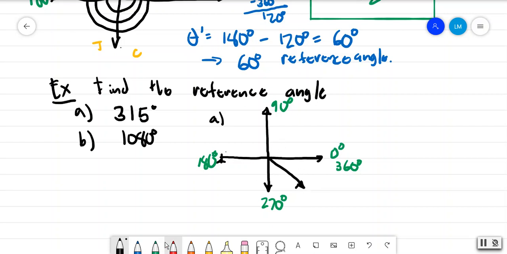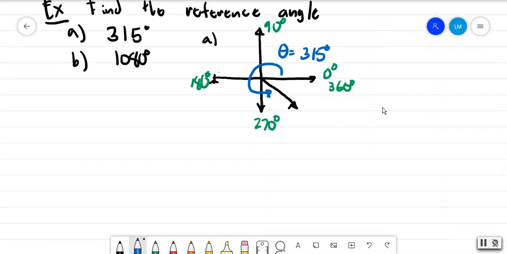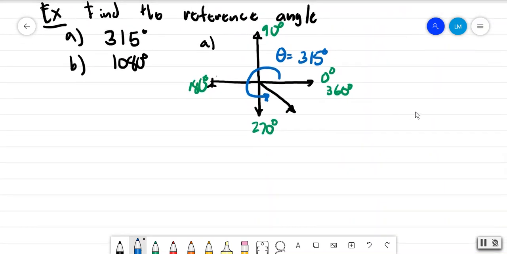Okay, so I know that 315 terminated in the fourth quadrant, so I know that theta is equal to 315 degrees. Now, the thing is that I need to figure out what this angle is right there.